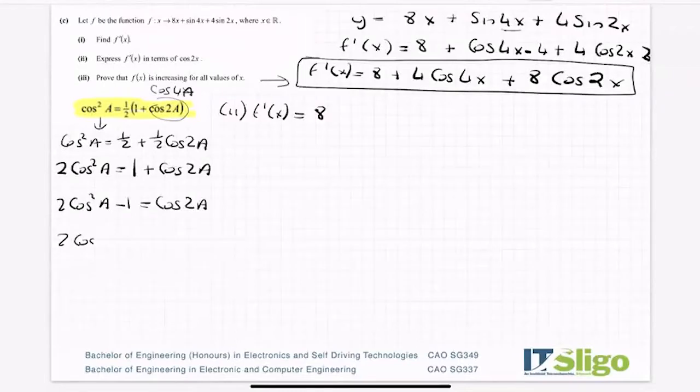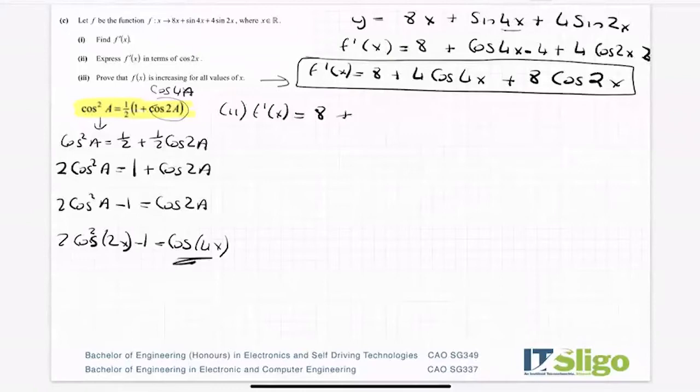So 2 cos squared, my angle is 4x, minus 1 is equal to cos, sorry, okay, so that looks okay.